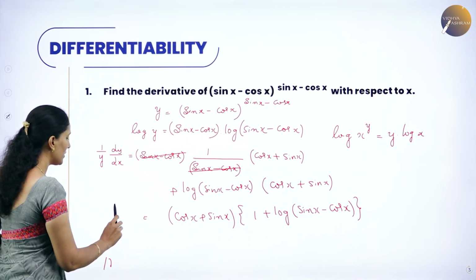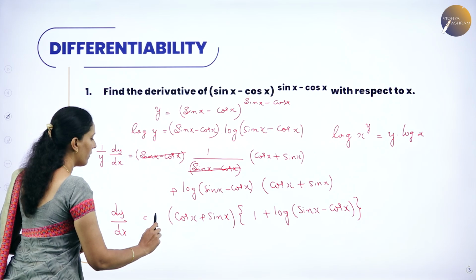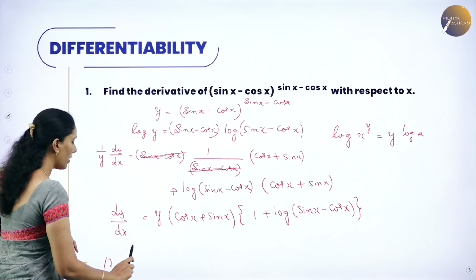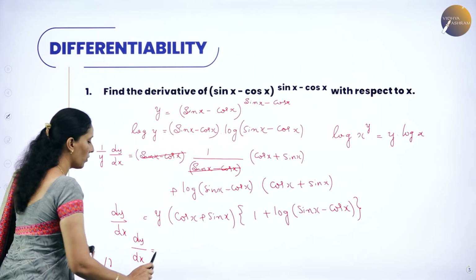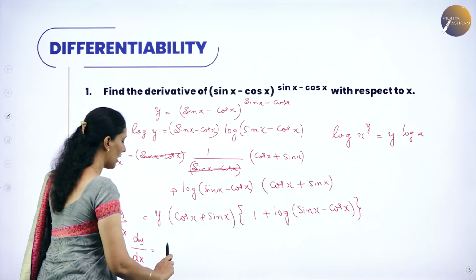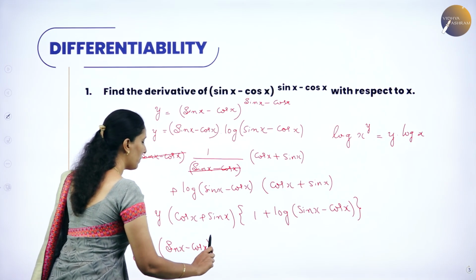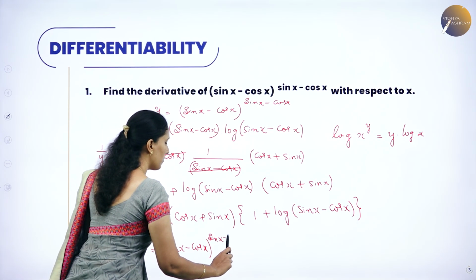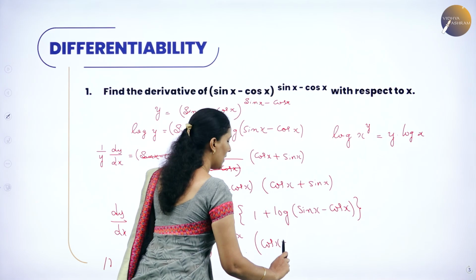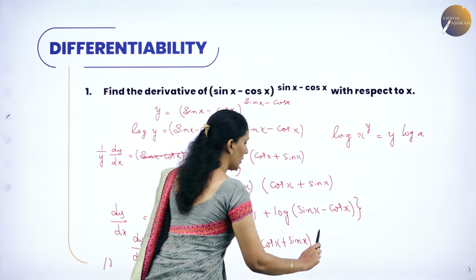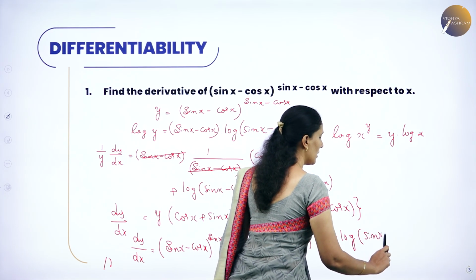In the left hand side, you can just rewrite dy by dx. You can shift y to the right hand side. When you replace the value of y, dy by dx is equal to (sin x minus cos x) whole to the power (sin x minus cos x) into (cos x plus sin x) into (1 plus log of (sin x minus cos x)).